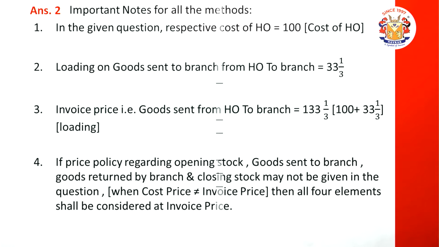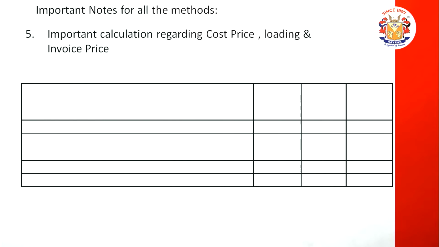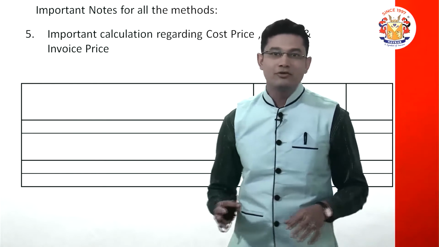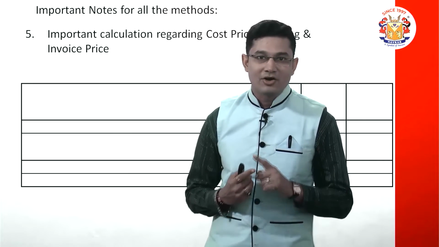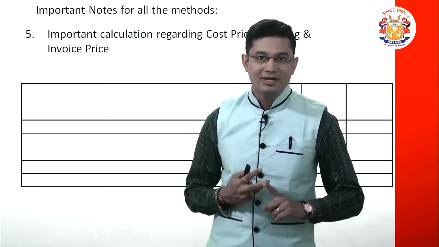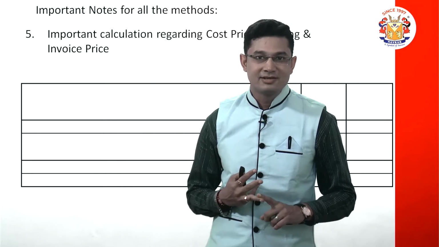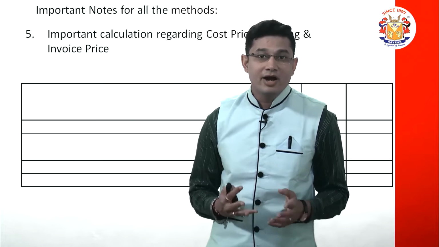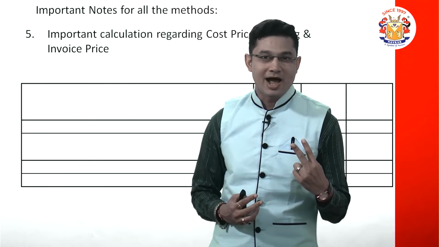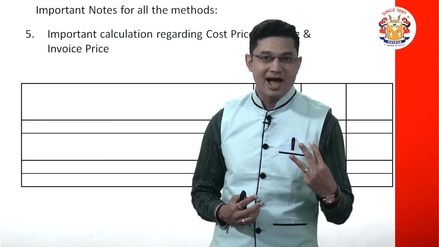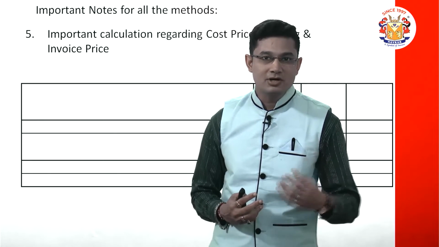Next one. Important calculation regarding cost price, loading, and invoice price. For all three methods, I am calculating here cost price, loading, and invoice price regarding opening branch stock, goods sent to branch, goods returned by branch, and closing branch stock.